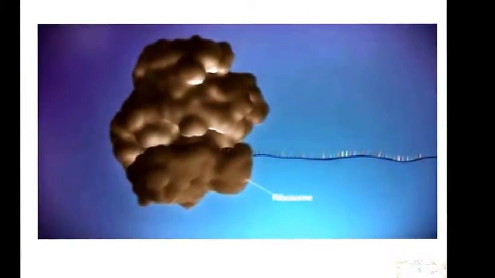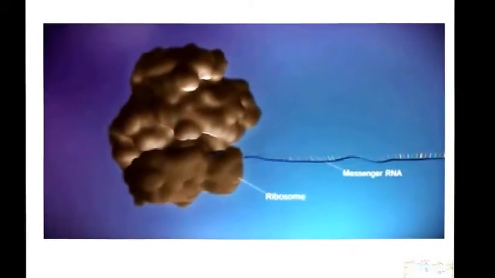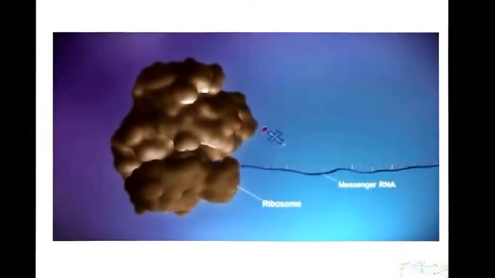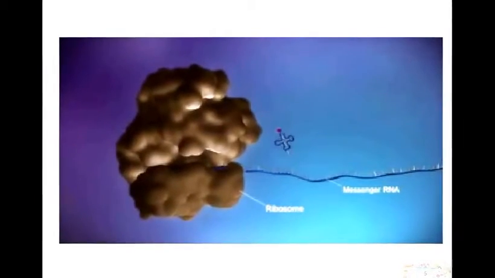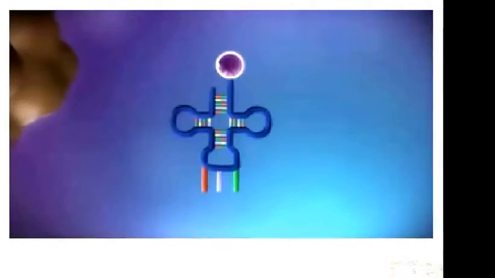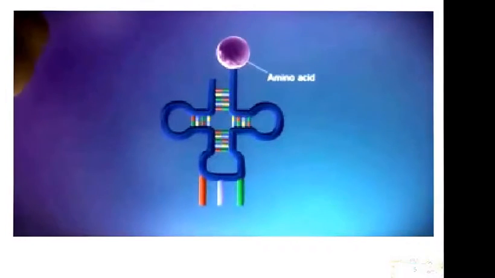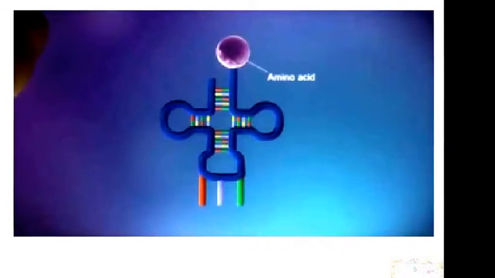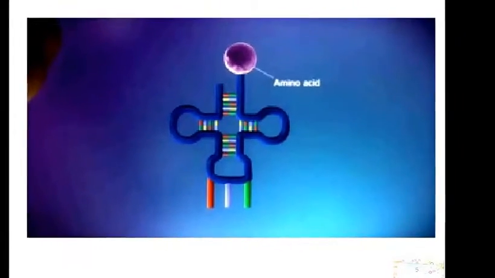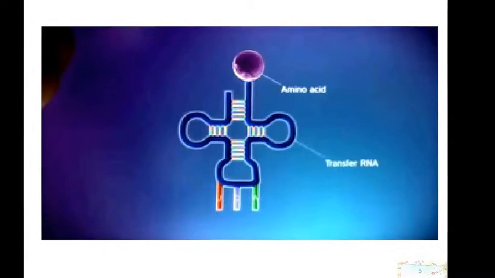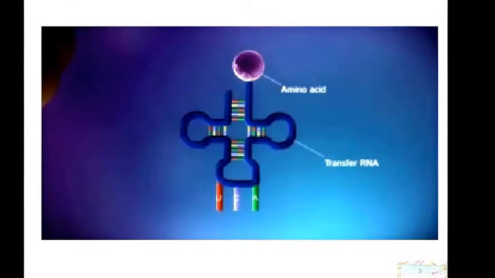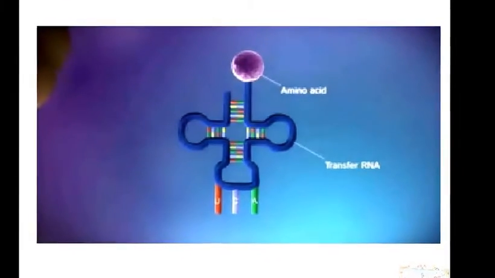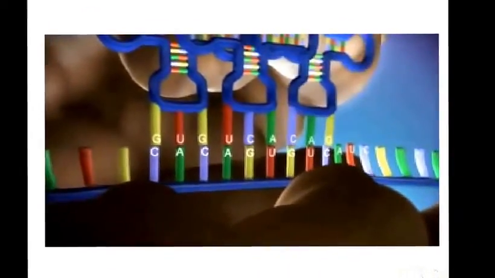The ribosomes read the code of mRNA to produce a chain made up of amino acids. Now, there are 20 different types of amino acids. The tRNA molecules, which are the transfer RNA molecules, carry the amino acids to the ribosomes. The mRNA is read 3 bases at a time.